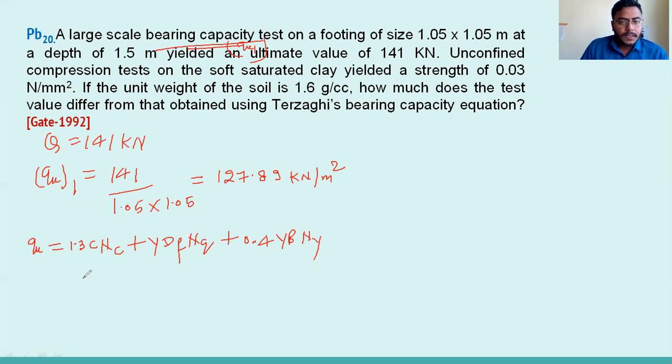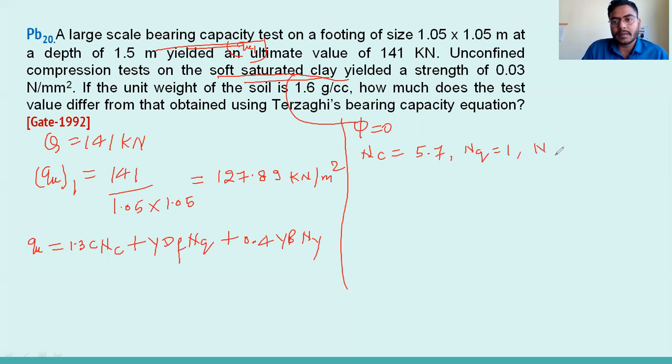In this question, the soil is given as soft saturated clay, which means phi is equal to 0. Once phi is equal to 0, the bearing capacity factor Nc is 5.7, Nq is 1, and N gamma is 0. By putting N gamma equal to 0, that term will be 0.